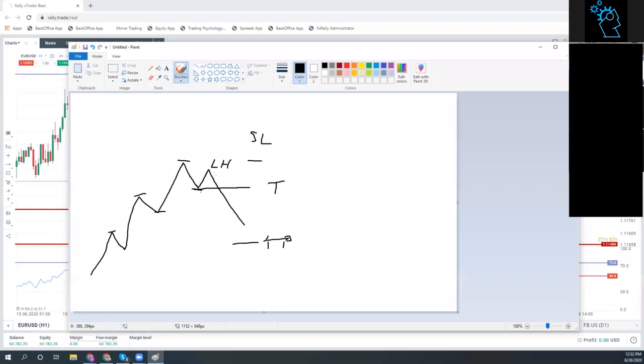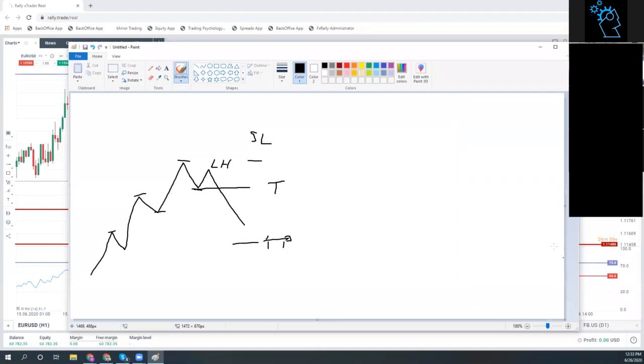Okay, so this was the pattern I have shown to you a bit earlier. Now in this scenario on GBP USD, we have a different one, because if you analyze the price action, you'll see that there are only two ways in which a trend or a move reverses based on price action.